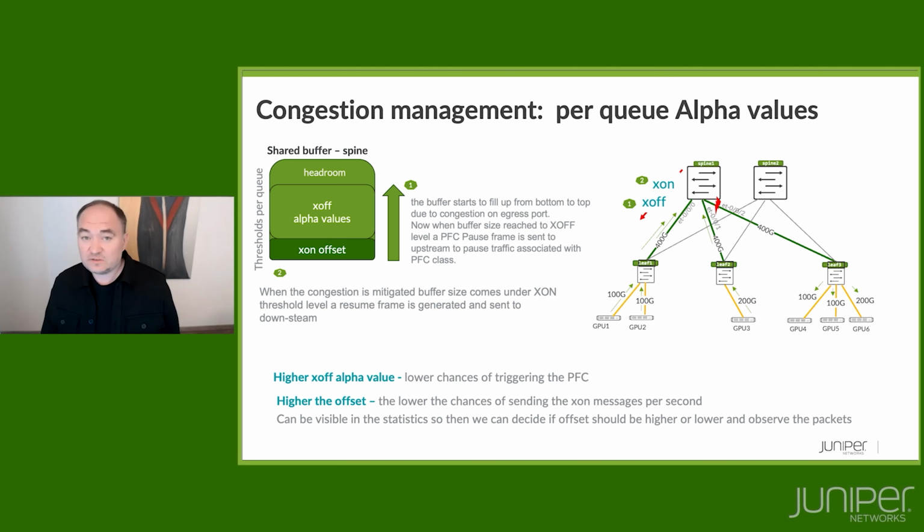These values can be enabled at the per queue level, and then you can decide that for a very specific large language model, you will provision a little more buffer, so the trigger of the XOFF PFC messages will happen with lower probability.